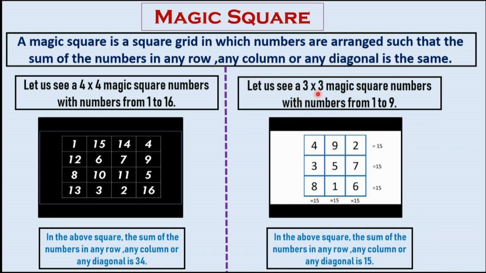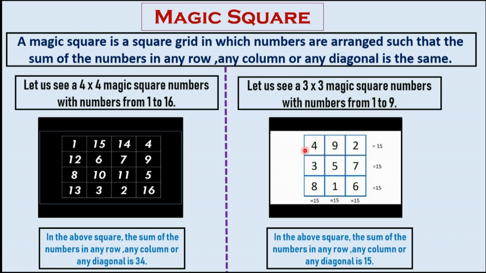Let us see a 3 into 3 magic square with numbers from 1 to 9. In a 3 into 3 magic square, we are supposed to use numbers between 1 to 9 only, not above that.